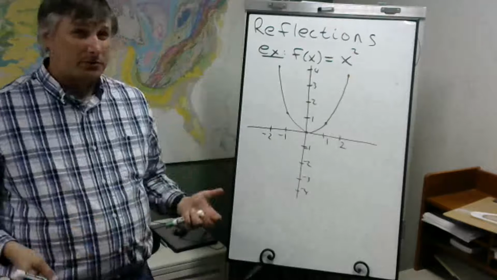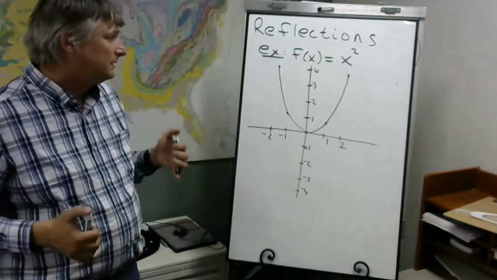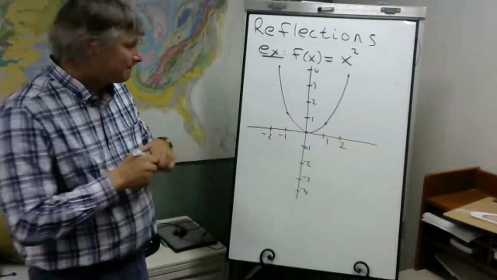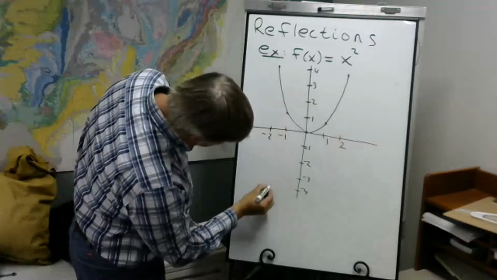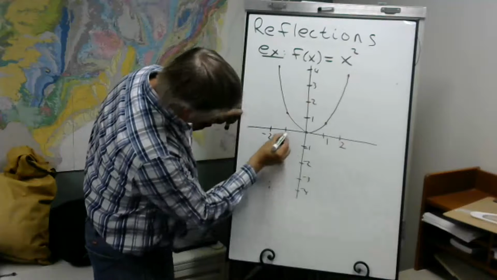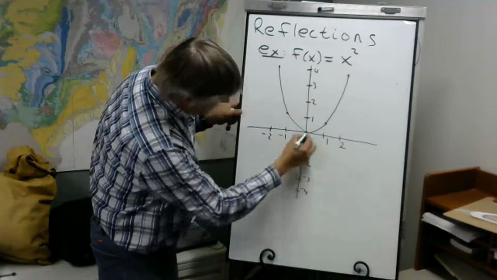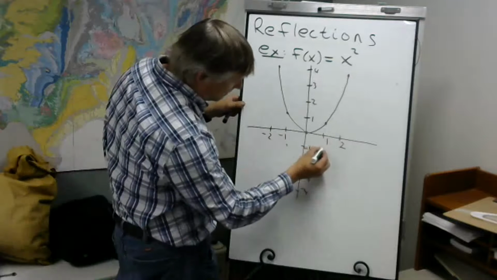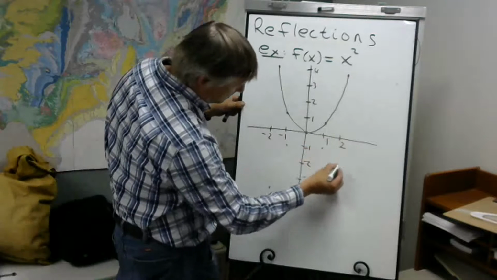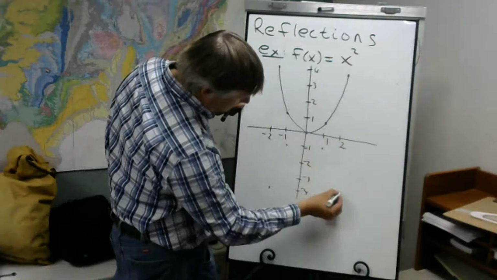So those are the original ordered pairs. Let's look at the modified. So that was -2, -4, -1 and -1, 0 and 0, that didn't change, 1 and -1, 2, -4.